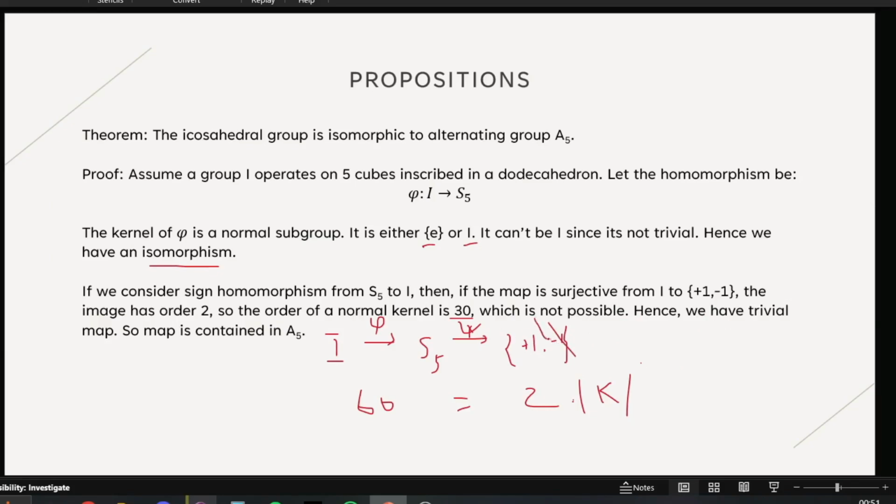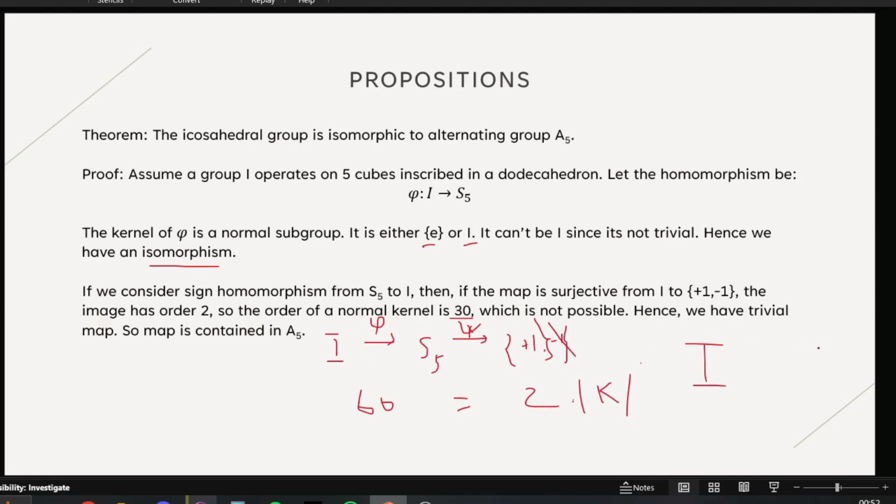It has only the plus one, so we have the trivial map. So this map is not surjective. The image is contained in the alternating group, so we have an isomorphism between I and A5.